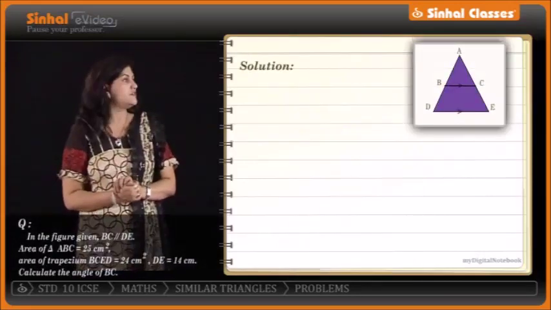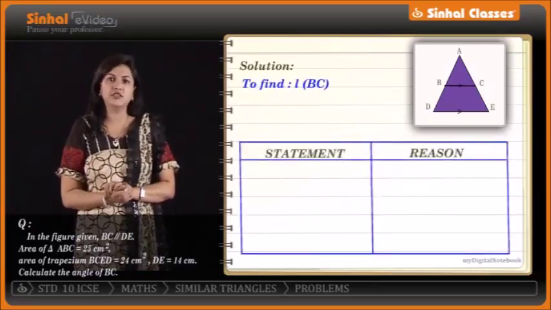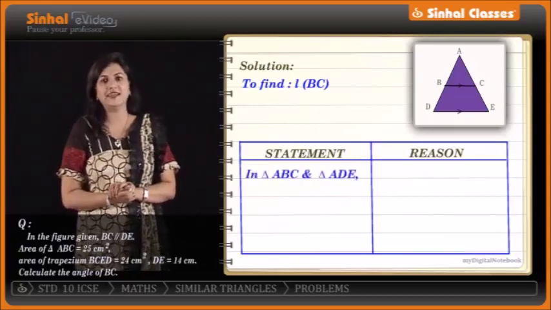Now, we want to find the length of BC. But first of all, we will prove two triangles similar. In this case, which two triangles can we select? We have triangle ABC and triangle ADE.